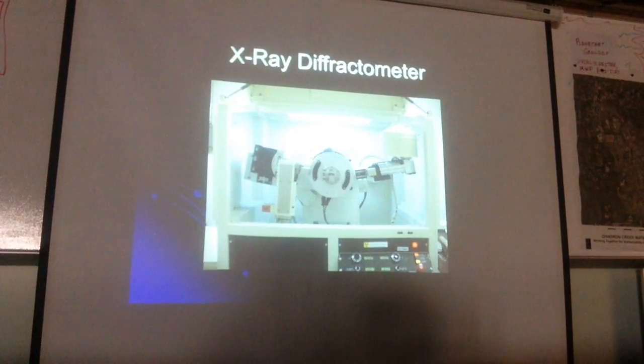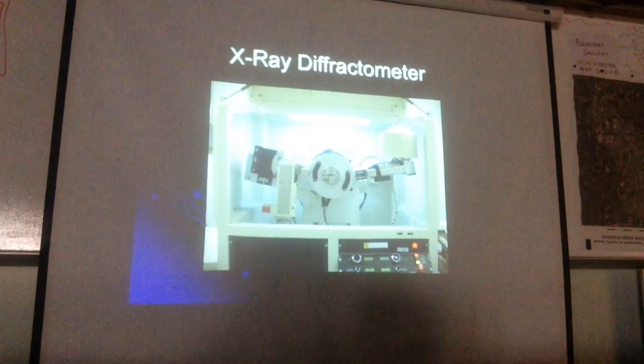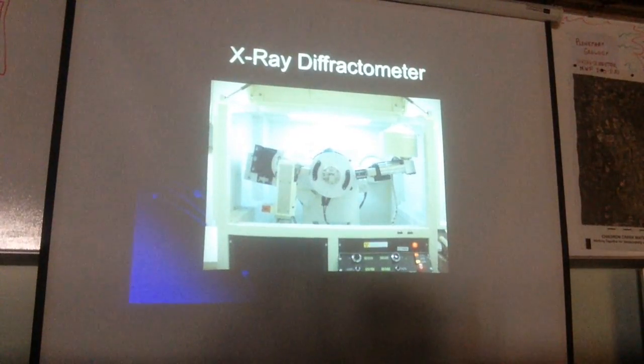So if you're looking for a certain set of minerals that you think are in your sample, or you know that there are some minerals in your sample and you just want to confirm it, then you can punch in the different angles for the minerals and have it scan for just those specific angles.